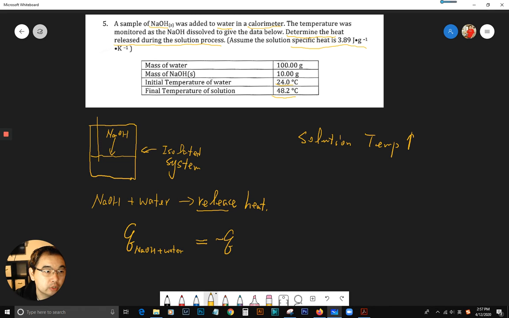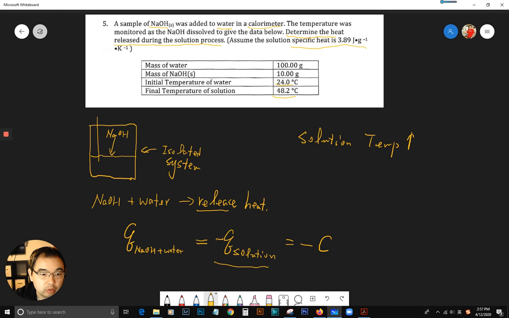Which one absorbed the energy? The final solution absorbed the energy.